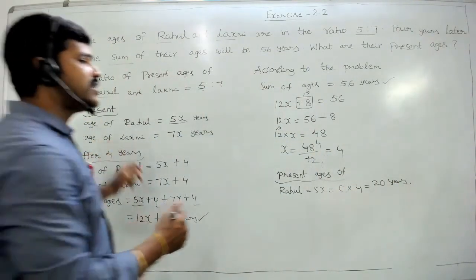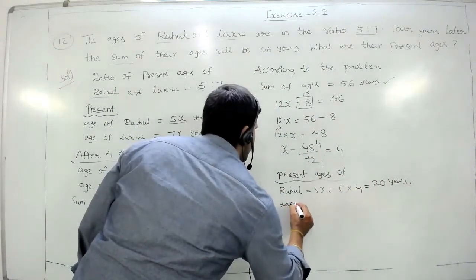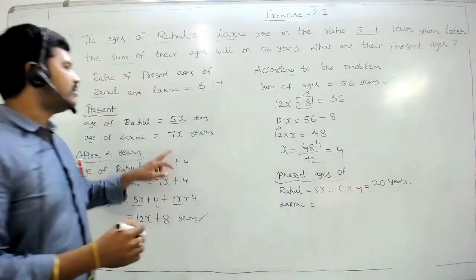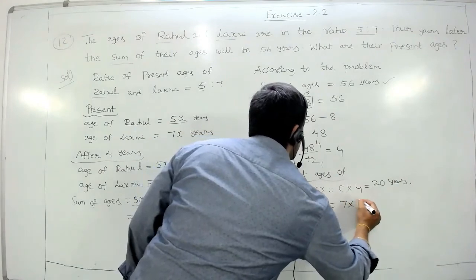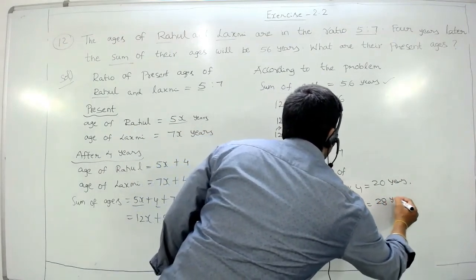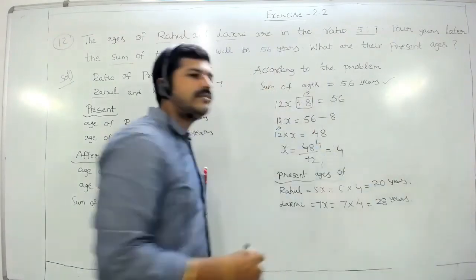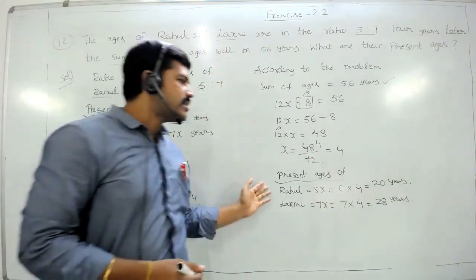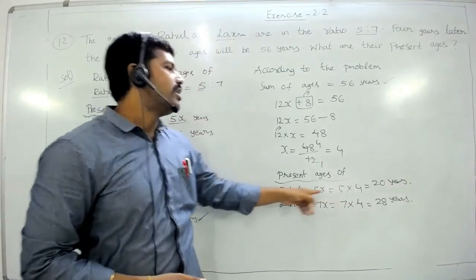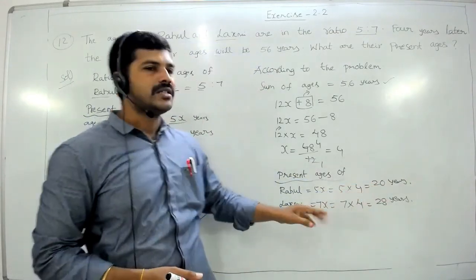Next, age of Lakshmi is equals to 7x. That is 7 into 4, that is 28 years. They asked to find their present ages. Therefore, the present ages are Rahul is 20 years and Lakshmi is 28.